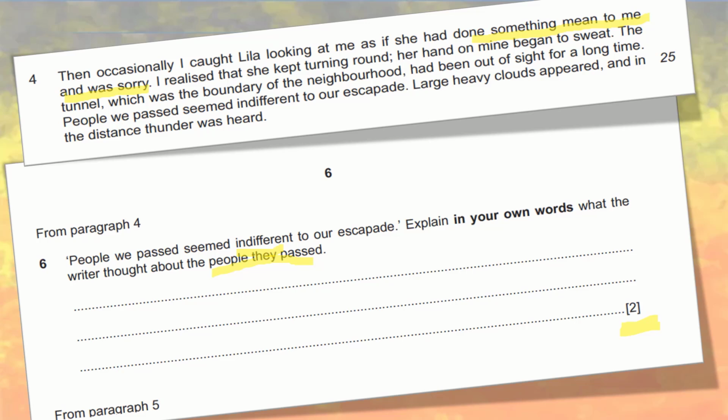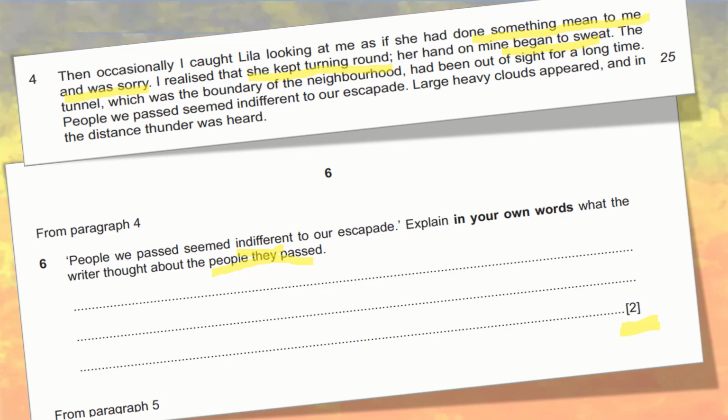Her hand on mine began to sweat. So she was holding the writer's hand and it was wet with sweat. This shows that Leela had something on her mind. Perhaps she had done something wrong to the writer, and that agony is creating a problem for her.